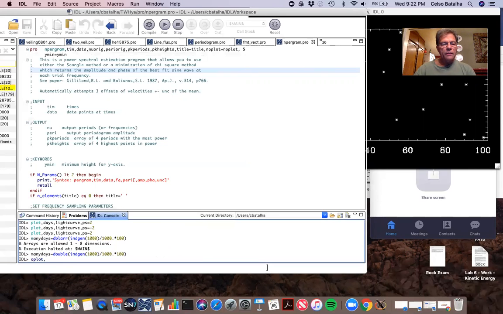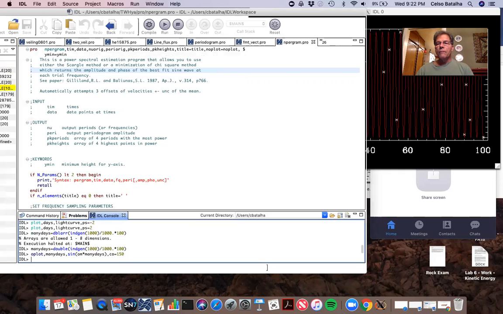I overplot now these many days of observations, and the light curve would be sine of omega times these many days. And now I'm going to color that with some nice color. So see what happened now.